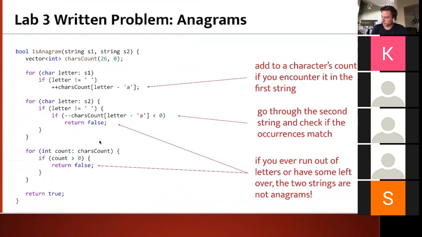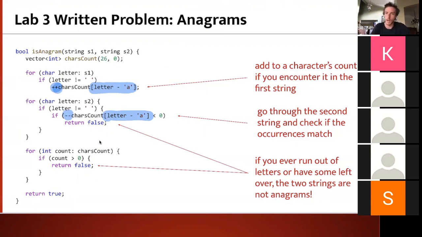So here's an implementation of it. The important thing here is how you get the index for a lowercase letter. Same thing here. Then we're doing plus or minus based on what we see.